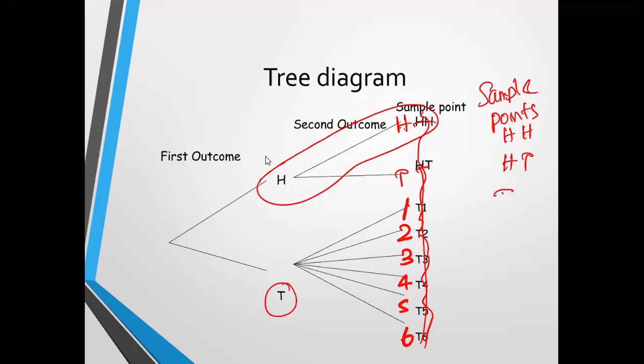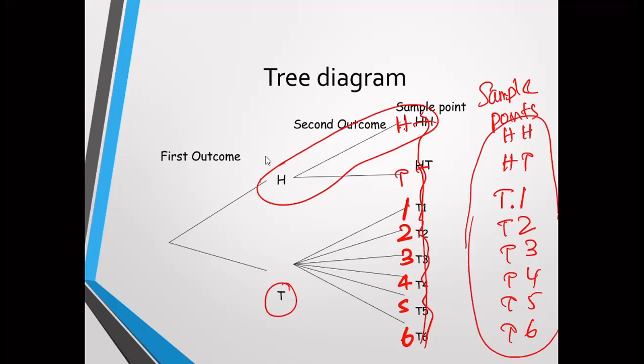If he gets tail first, then the second outcome may be either 1, 2, 3, 4, 5, 6. So the sample elements should be T1, T2, T3, T4, T5, T6 if he gets tail first. Altogether, how many possible outcomes? 8 possible outcomes. Understand?